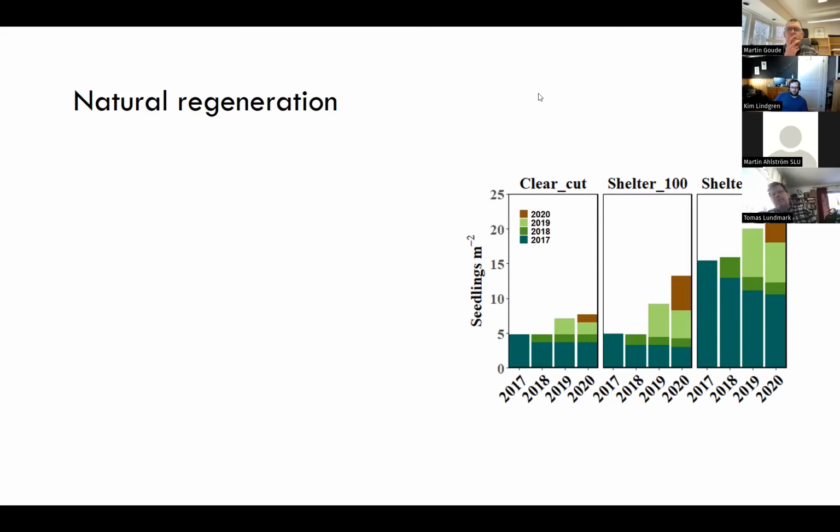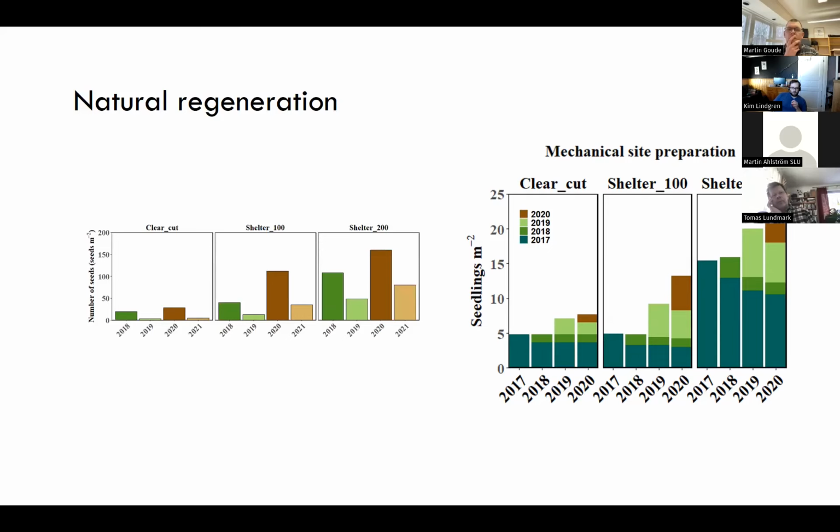What is quite striking and quite obvious is that shelter wood density had a significant effect on the number of seedlings. And those are results from sites where we conducted mechanical site preparation, so basically only looking at the mineral soil.